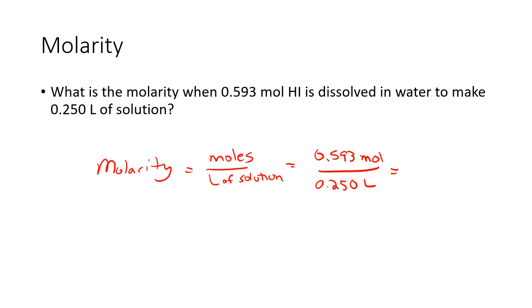If we calculate that, we get a concentration of 2.37 big M, which we would say is 2.37 molar. You could also write it as 2.37 moles per liter. That would also be an acceptable unit.